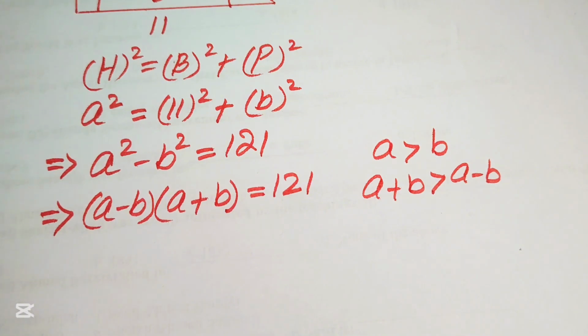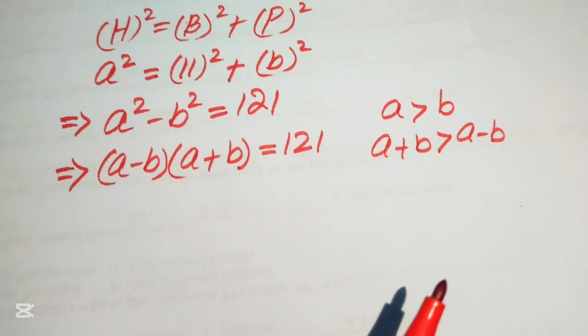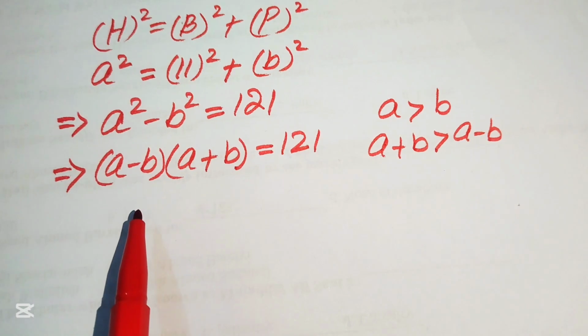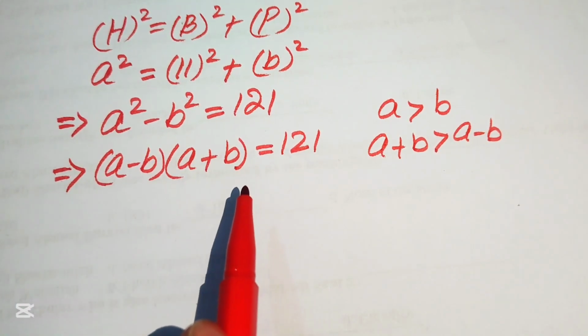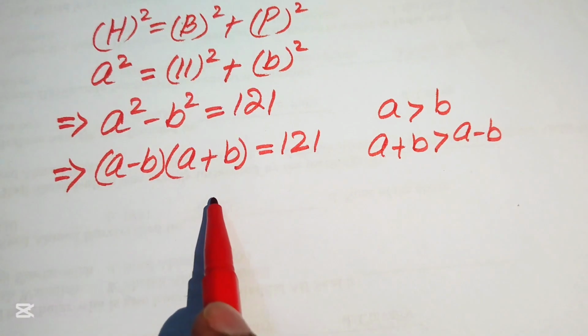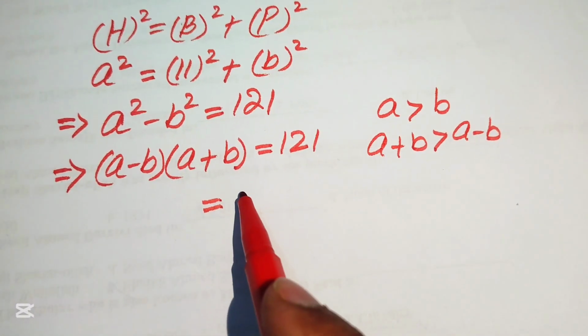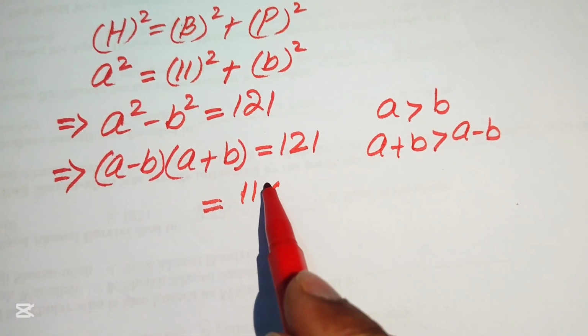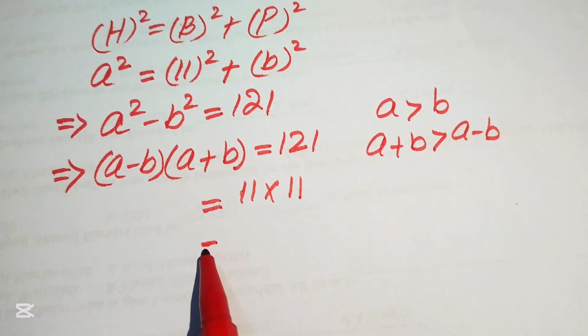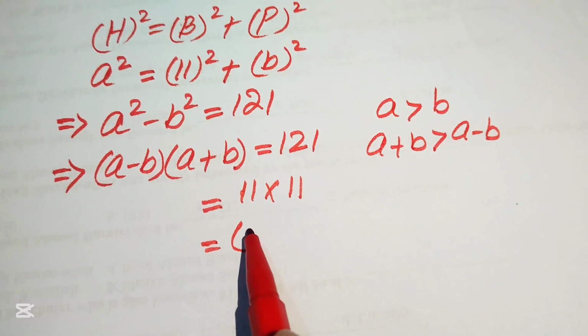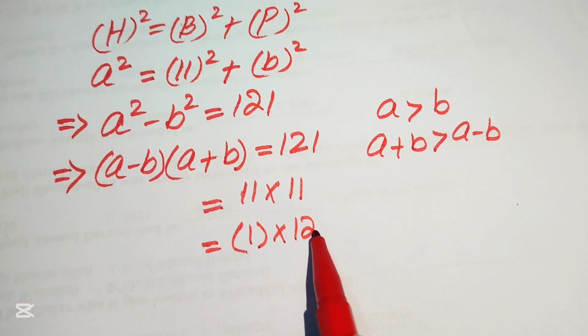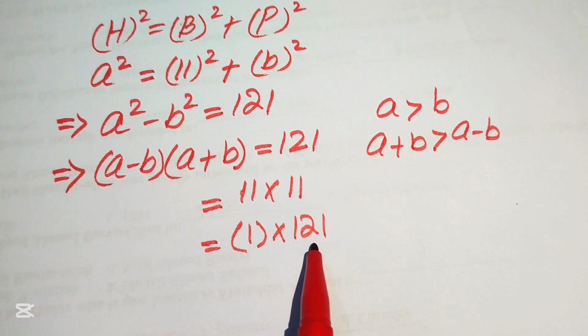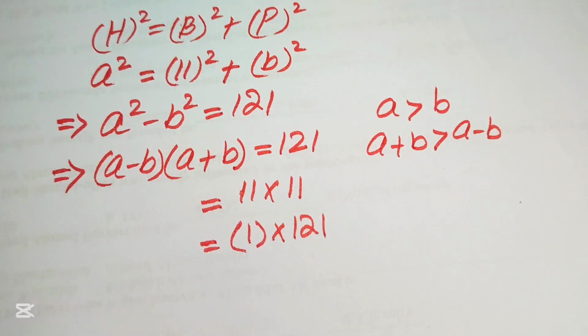Now in the left hand side we have two factors multiplied by each other, but in the right hand side we have only one number. So we need to find two numbers whose product is 121. The first possibility is 11 times 11 becomes 121, and the second possibility is 1 multiplied by 121, which equals 121.